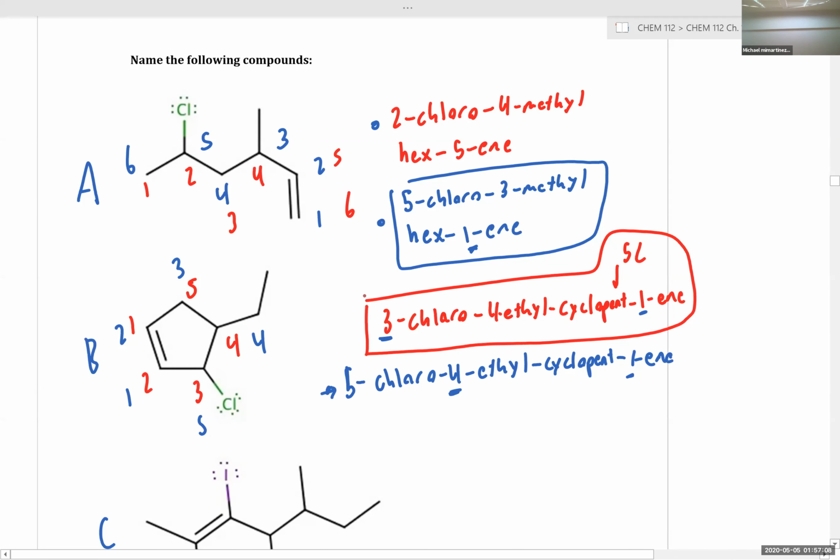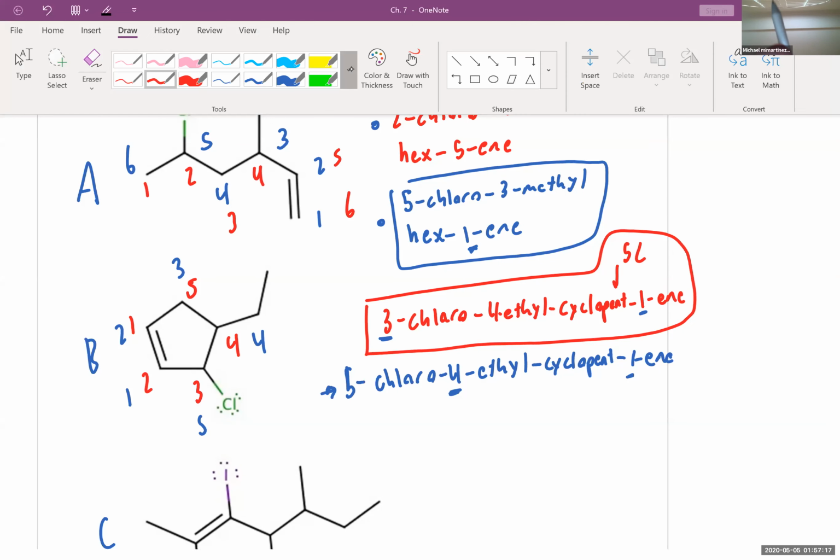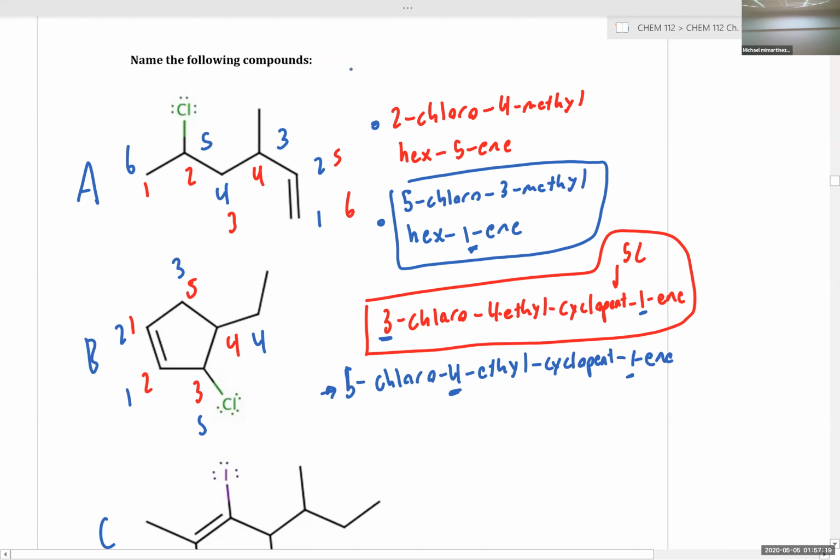Does that make sense to everyone? And I see a lot of students have proposed that name for structure B in the chat. So that proposed name is perfect for structure B. Any questions so far?